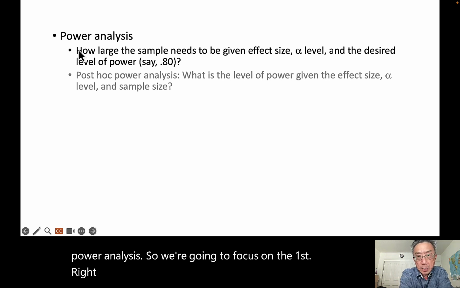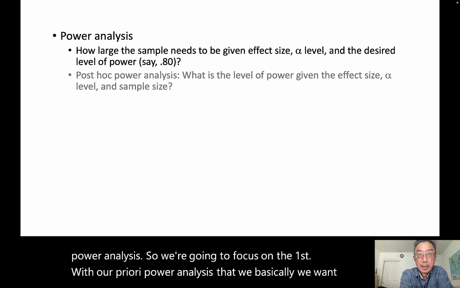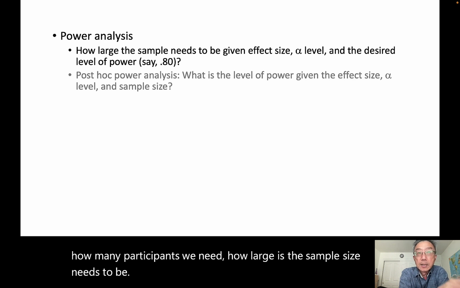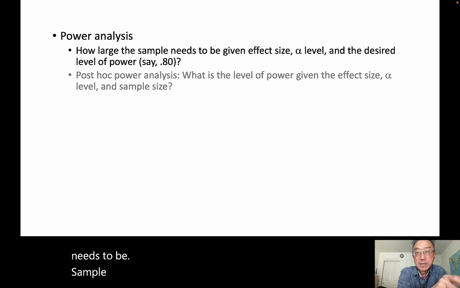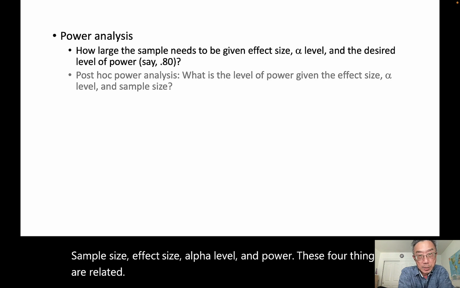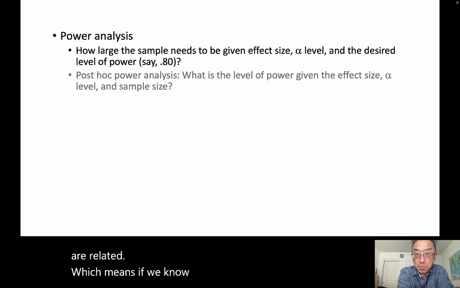With a priori power analysis, we basically want to know how many participants we need, how large the sample size needs to be. Well, sample size, effect size, alpha level, and power. These four things are related, which means if we know three of them, we can figure out the fourth one.